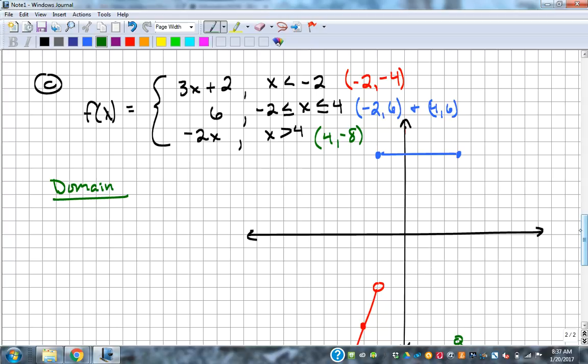Well, negative 2 is left out up here, but it's not left out here. And 4 is picked up right there, but it's left out here. So there aren't any numbers that aren't picked up by one piece of this. So our domain would be all real numbers. So negative infinity, positive infinity.